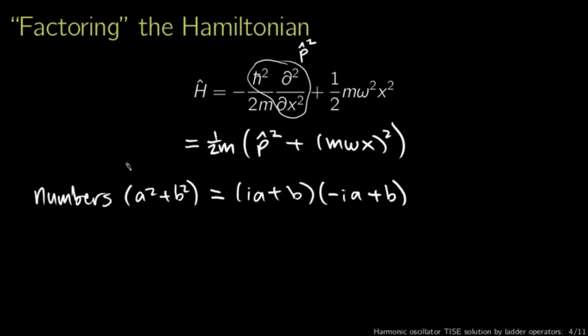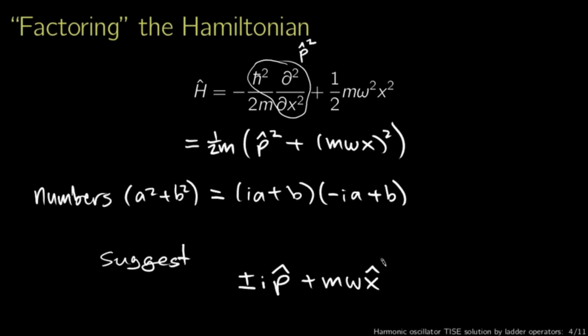Now, this is suggestive. You can't actually factor operators like this because they're not numbers, they're operators, and operators don't necessarily behave the same way numbers behave. We'll see what that means in a minute, but for now, let's just suggest looking at things like this: plus or minus i times the momentum operator plus m omega x, where x now is the position operator.